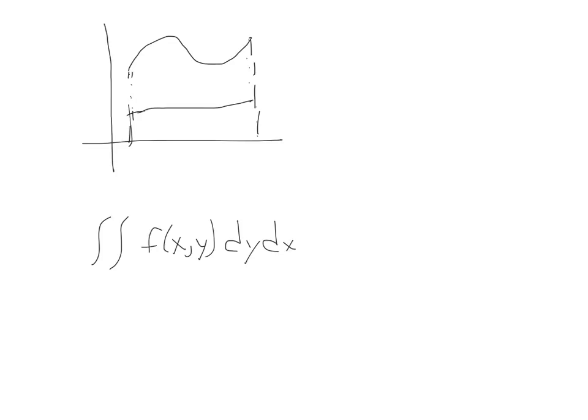Because if we choose an arbitrary point inside of this region, and we want that zero-dimensional point to evolve into a one-dimensional line segment, I would rather have that point evolve into a vertical line segment than a horizontal line segment, because for this particular region I can definitively say that no matter where this point is located, if it evolves into a vertical line segment, it will definitely hit this curve as it moves up, and it will definitely hit this curve as it moves down.